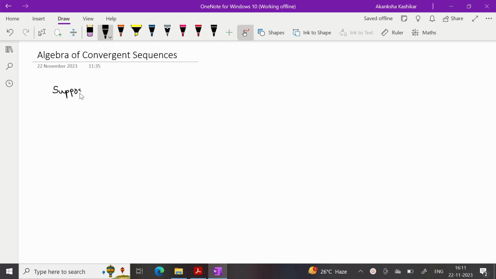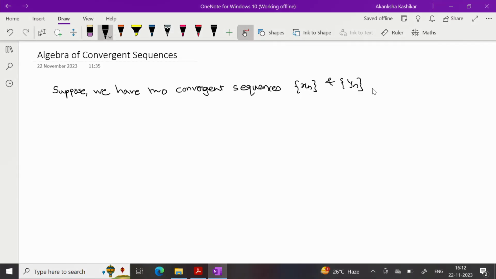Suppose we have two convergent sequences xn and yn, with xn converging to x and yn converging to y.